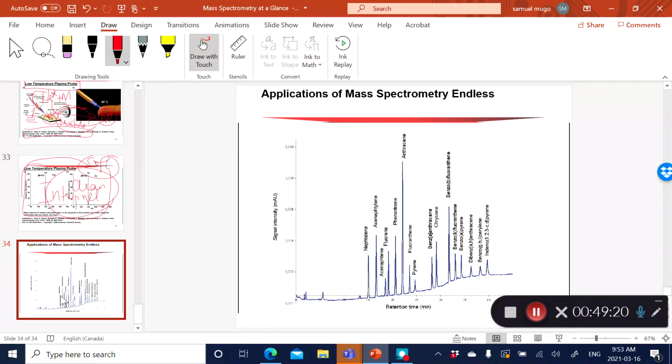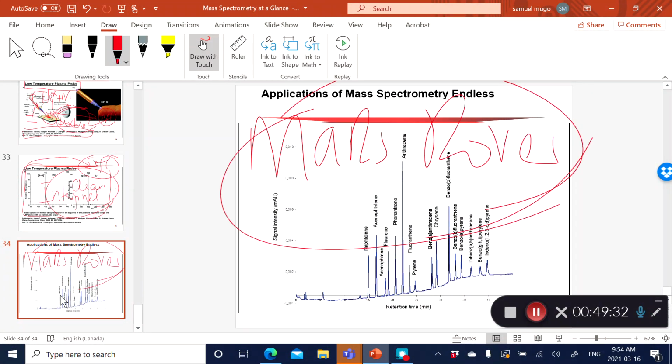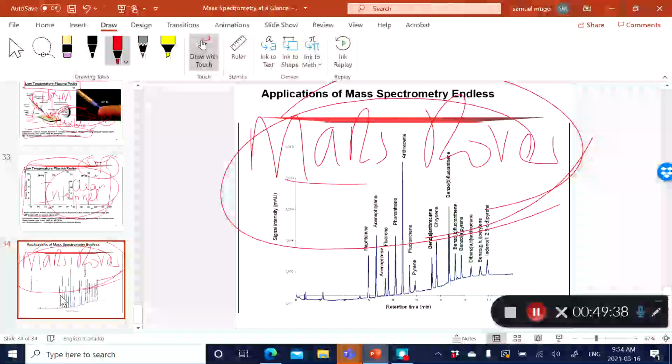So there are huge applications out there of mass spectrometry. Not just airport security, but environmental analytics. The so-called Mars rover, exploring Mars, had a mass spectrometer in that vehicle.